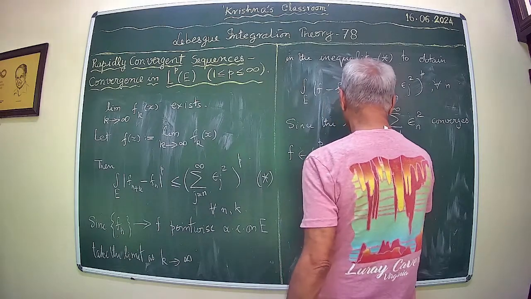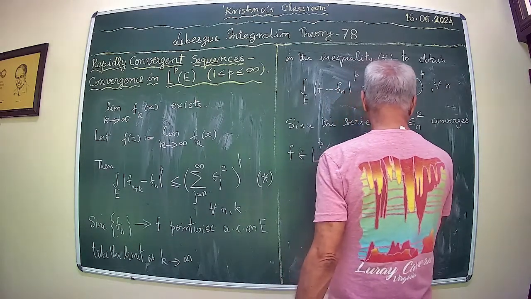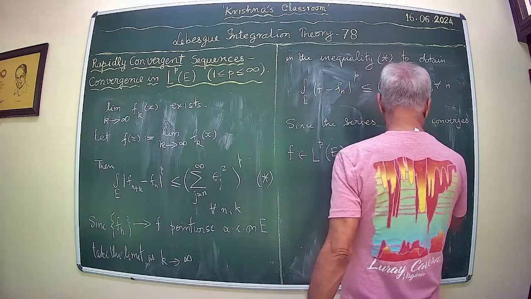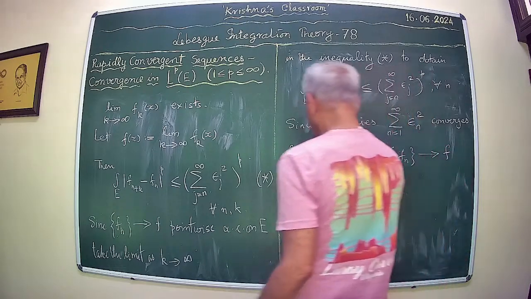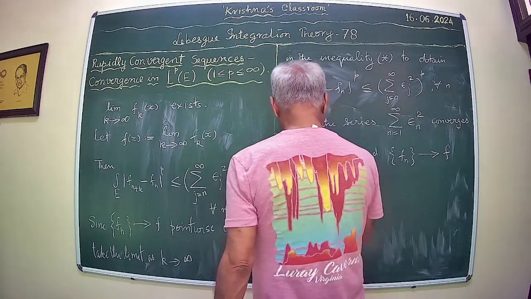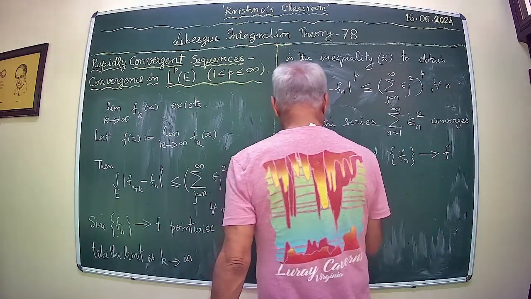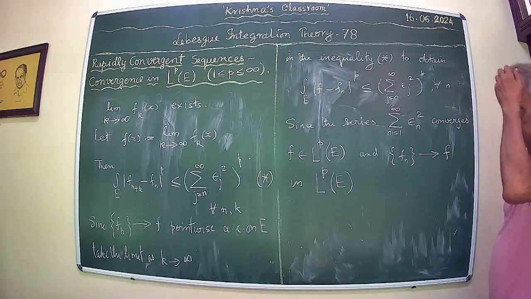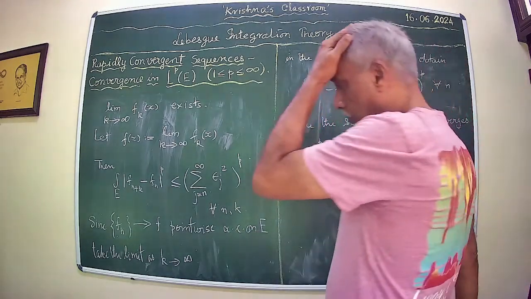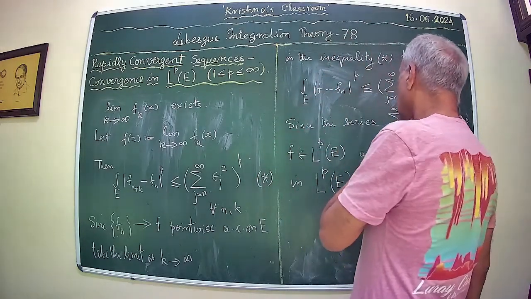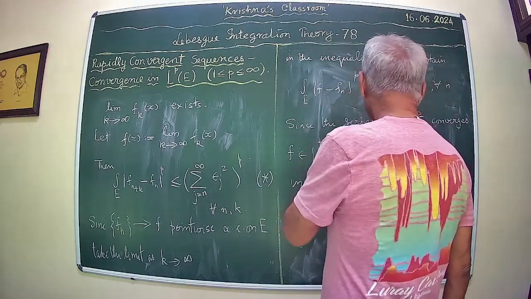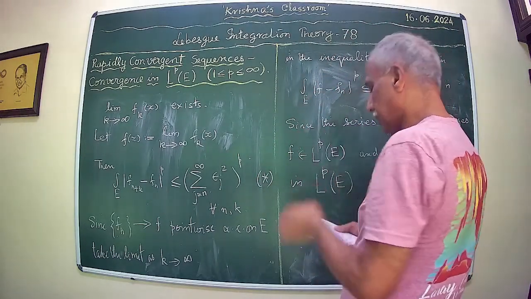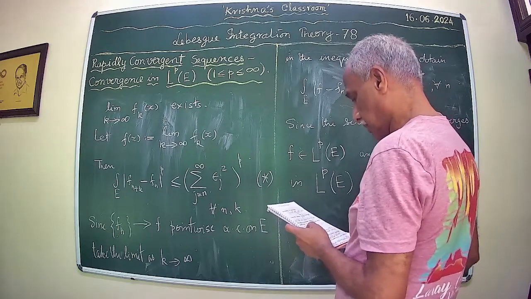and so at one stroke we have proved both that fn converges to f pointwise almost everywhere on E as well as fn converges to f in LP of E. Okay.